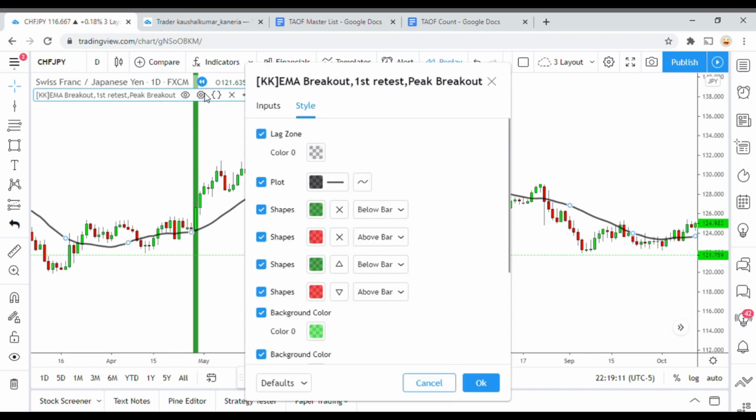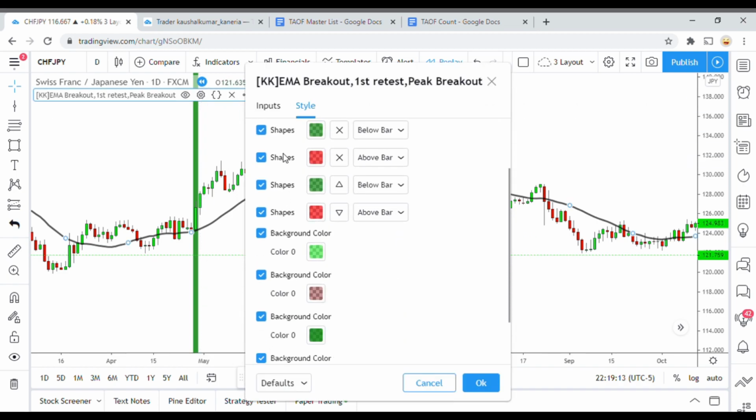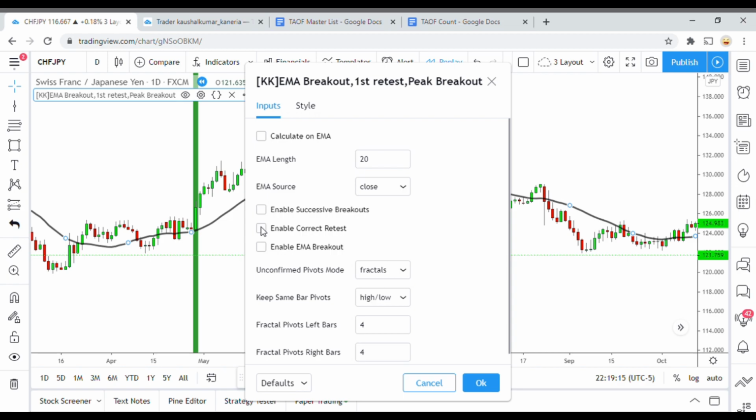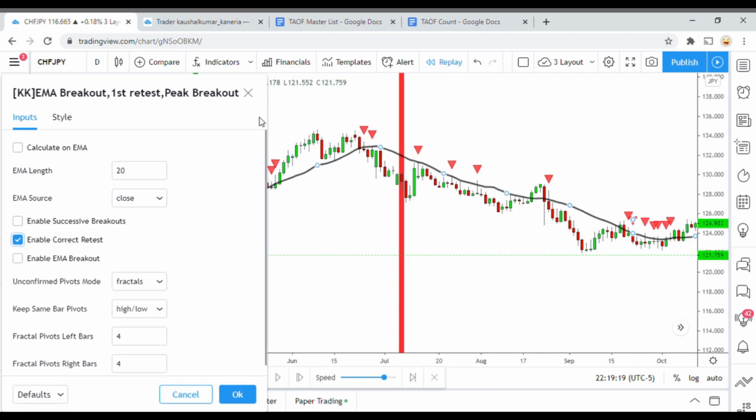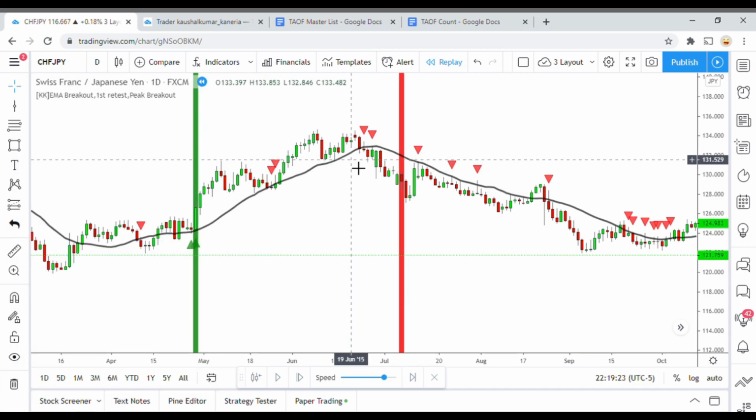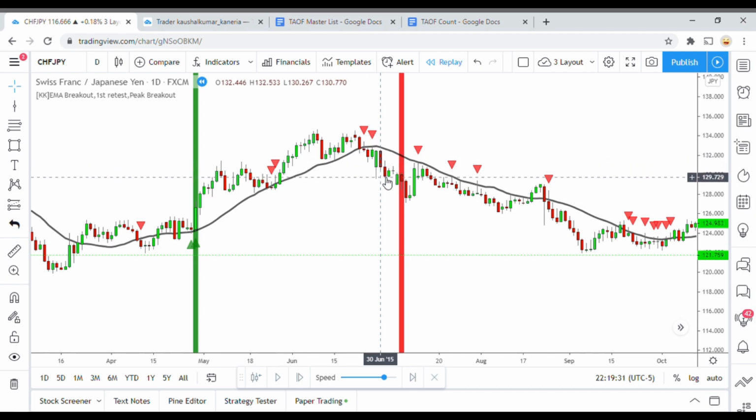So if we went back and we turned on, let's see, correct retest. Yeah, so it definitely retests right here, and the break below would have been on this big red bar right here.